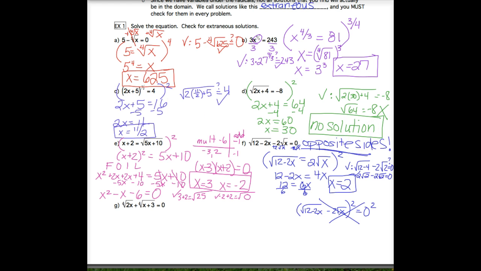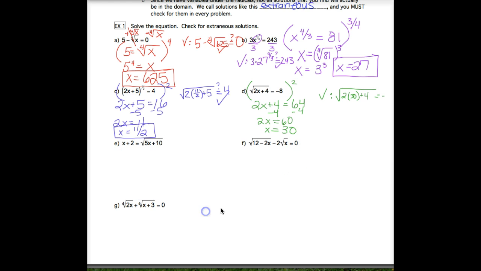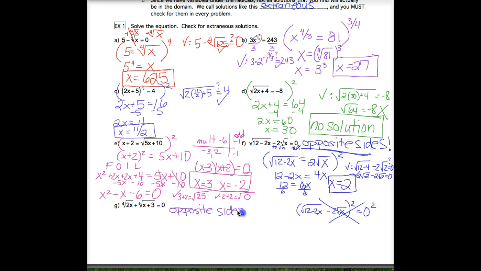Last example here. Again, look, 2 different radicals. So we need to get those on opposite sides. So first thing I'm going to do is subtract this to the other side. So I've got 4th root of 2x on the left and negative 4th root of x plus 3 on the right. So now, appropriate power both sides.